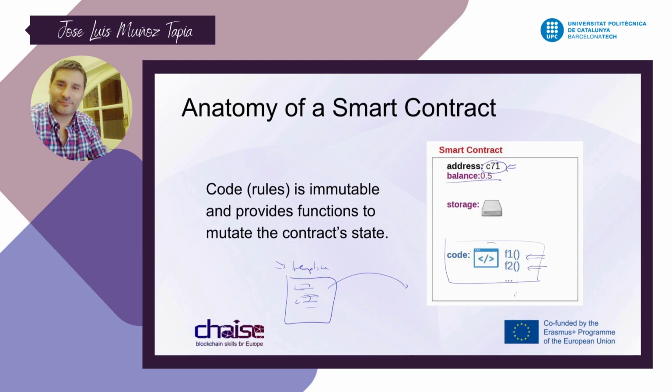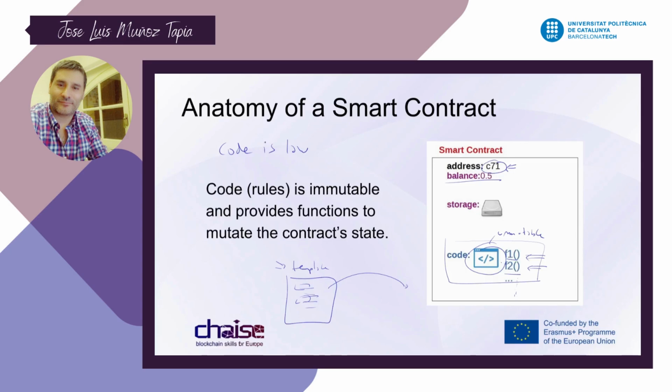And the code is immutable. You cannot change the code. The code are the rules that the smart contract is going to follow to process each transaction that goes to one of these functions. So this code is immutable. You cannot change it. There is a very famous sentence in the Ethereum world that says "code is law."